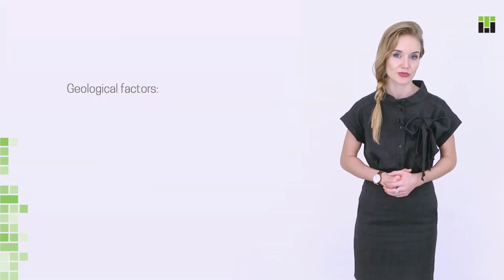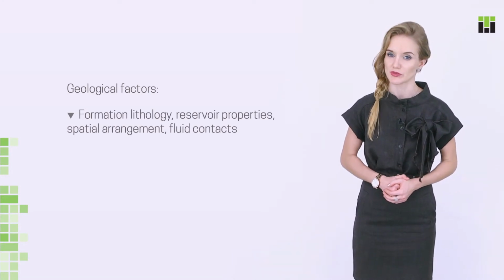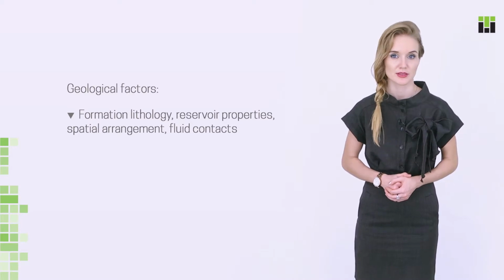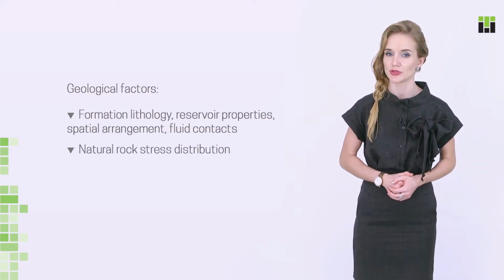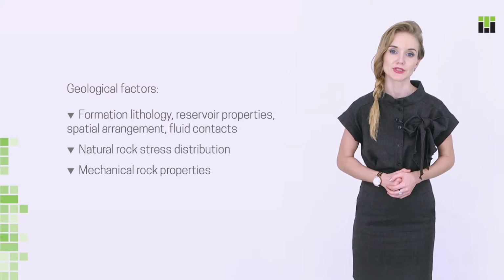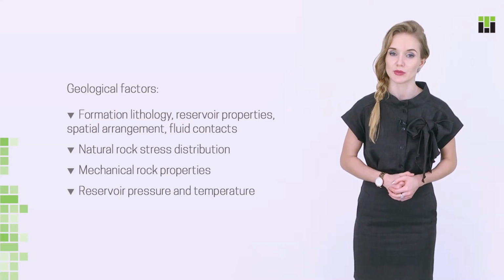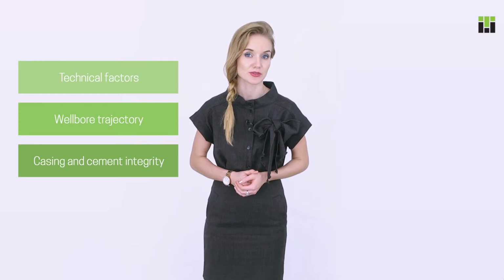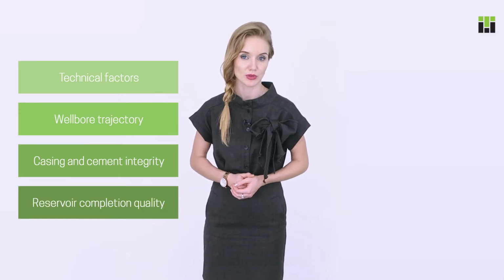Geological factors that control fracture parameters are formation lithology, reservoir properties, spatial arrangement, fluid contacts, natural rock stress distribution, mechanical rock properties, reservoir pressure and temperature. As for technical factors that might influence fracture parameters, these include wellbore trajectory, casing and cement integrity, reservoir completion quality.